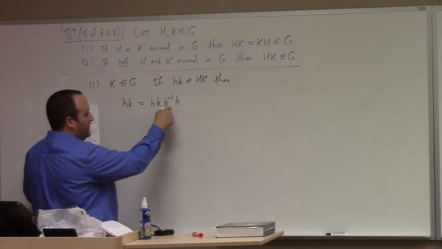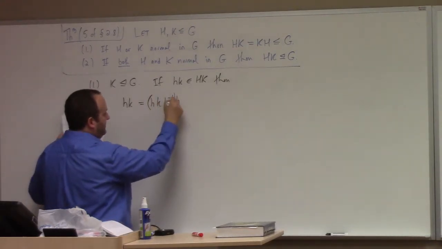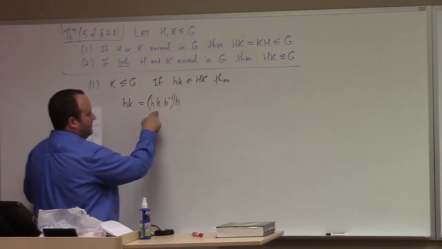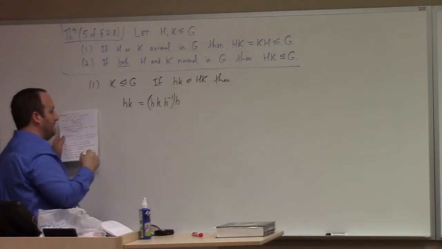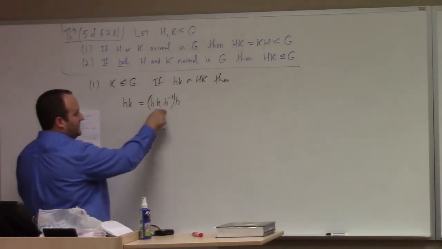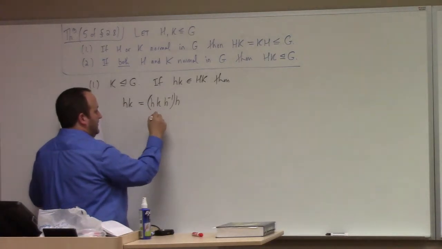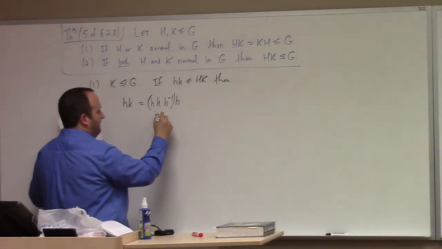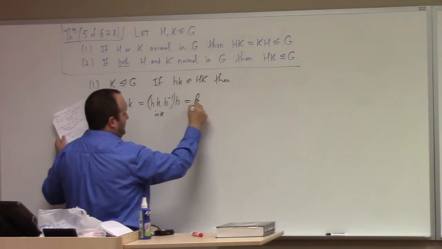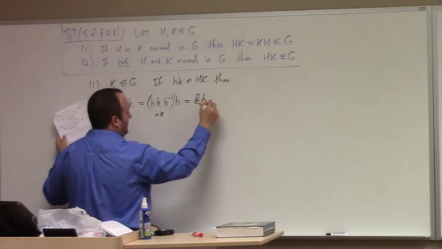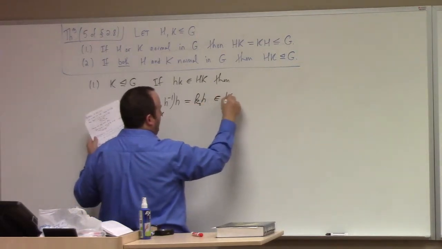But then look harder. This is conjugation by h of an element in K, so this is in K. So this is equal to some k2 h, which of course is an element of KH.